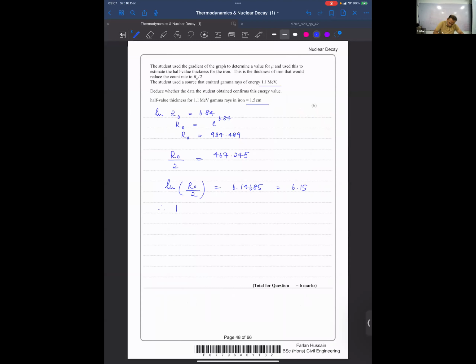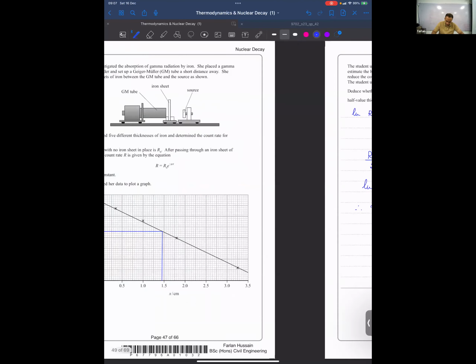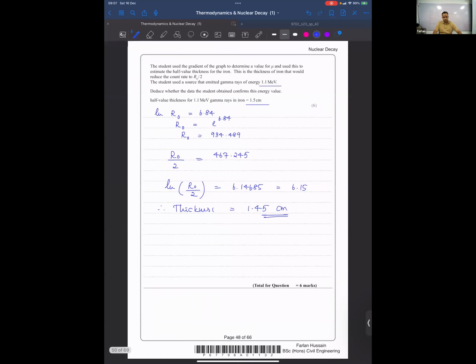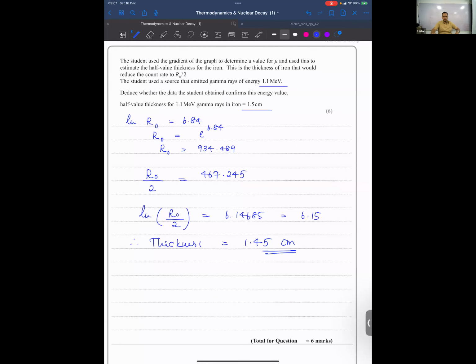Hence, the thickness is 1.45 centimeters. Okay, this is the thickness we are getting.